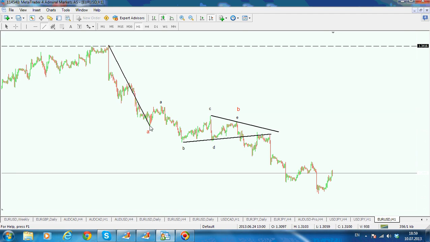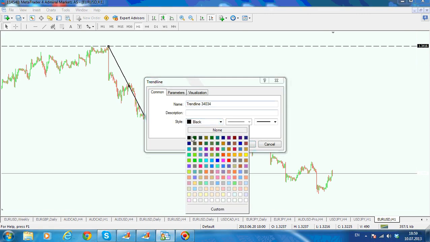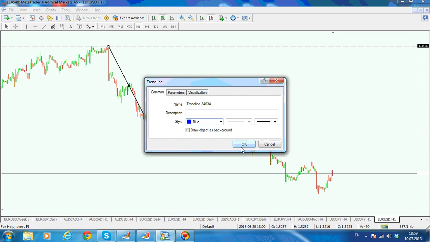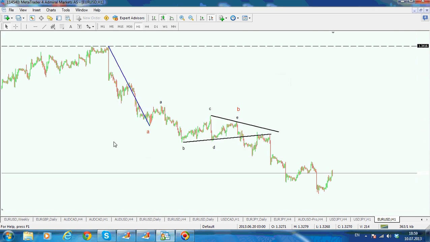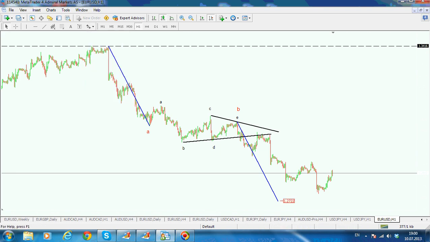So the length, let me change the color for this one. If you take the projected move and put it by the end of the triangle here, then the lows should go towards 127.22.